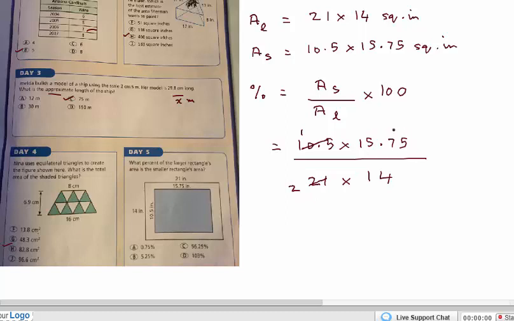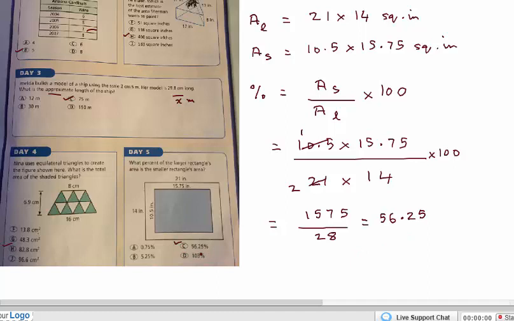Now this is a decimal number, so let's not try and simplify any further. Of course there's a times 100. So we have 15.75 times 100 is 1575 over 2 times 14 is 28. And when you do this division, you get 56.25. So the answer is C, 56.25%.